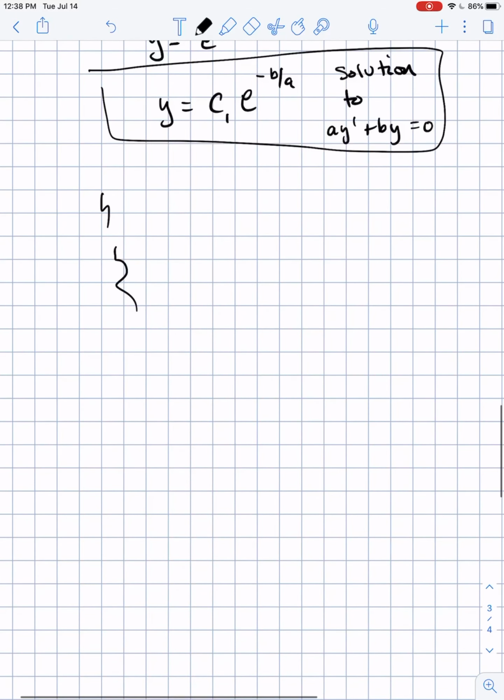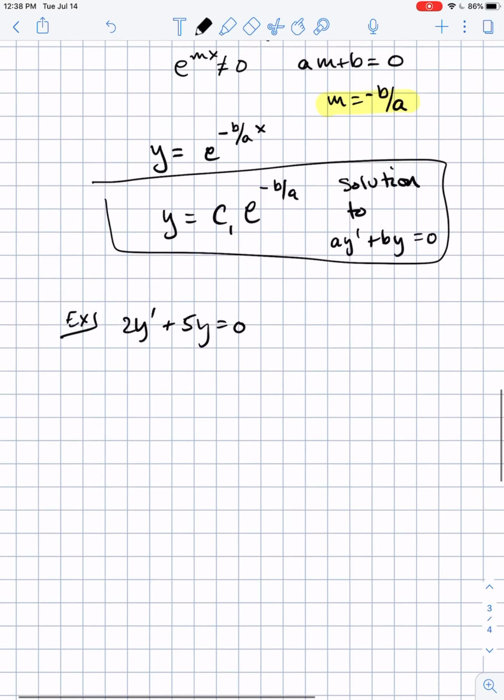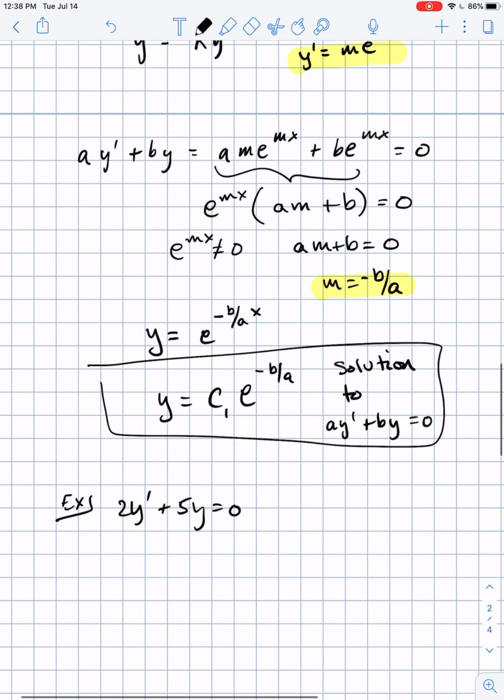Right here, if I give you this example, to solve 2y prime plus 5y equals 0, find the solution for this differential. You don't have to do all that work anymore. If you notice how it winds up looking, this is what we start with, this is what we're solving.